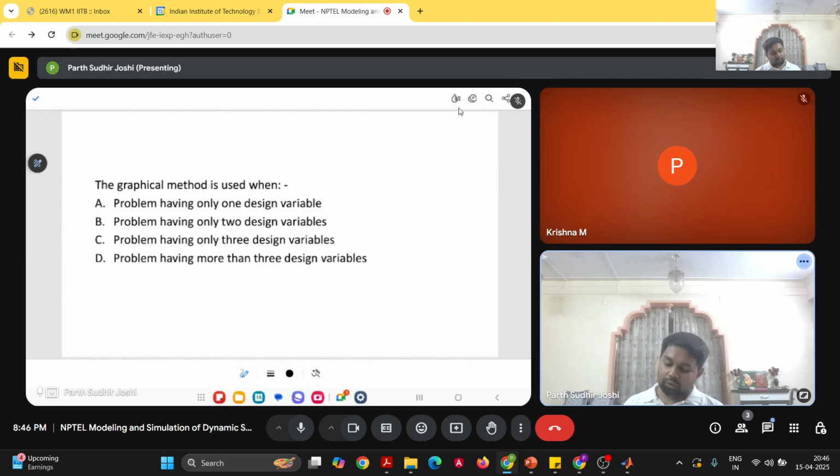In case of three design variables, graphical methods may be difficult to visualize, but for two design variables, yes, we can do that easily. And for more than three design variables, it is not possible to use the graphical method.